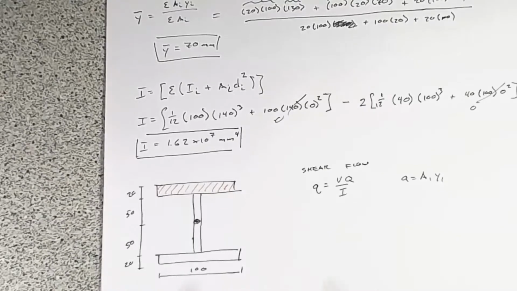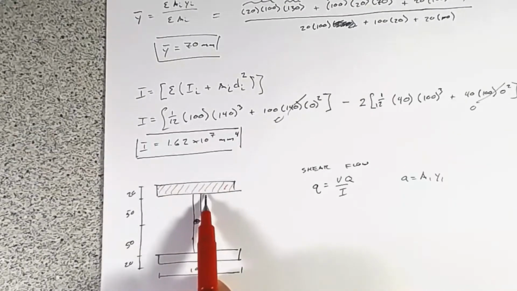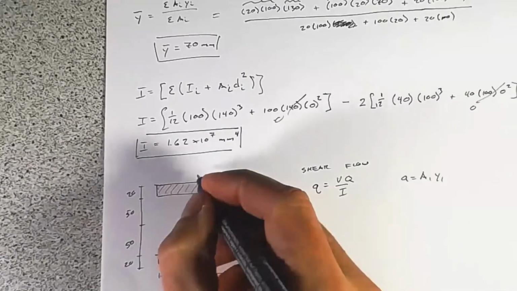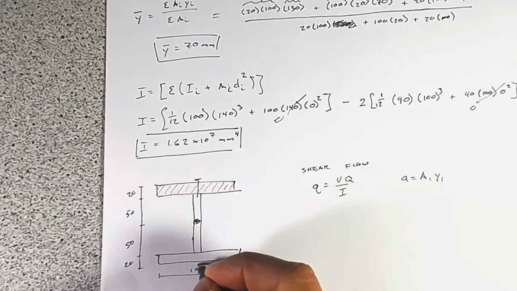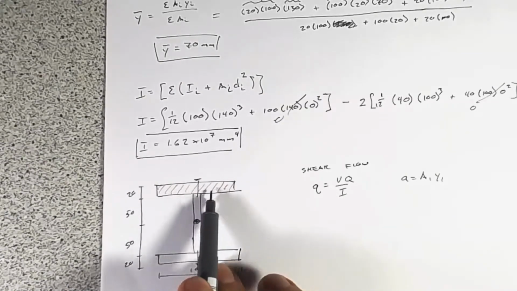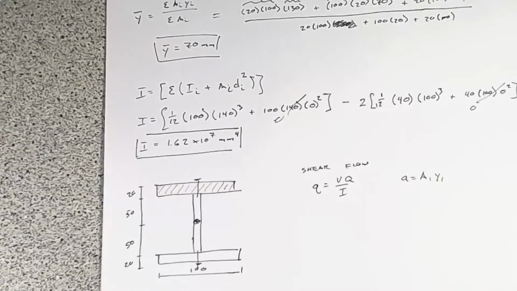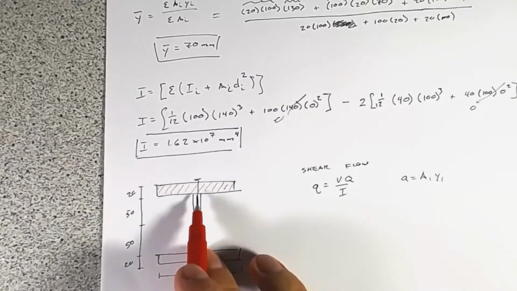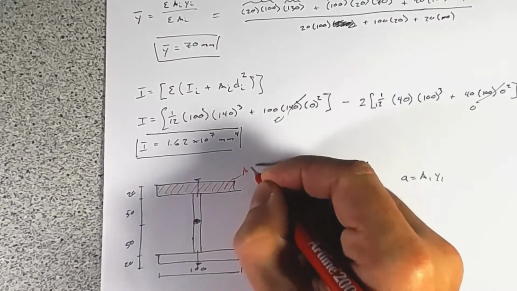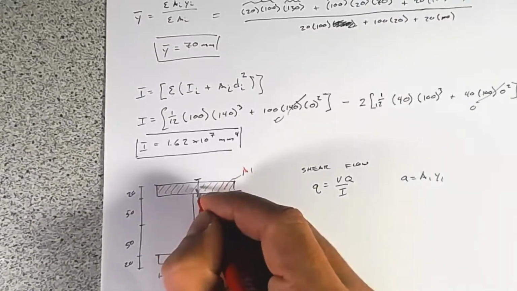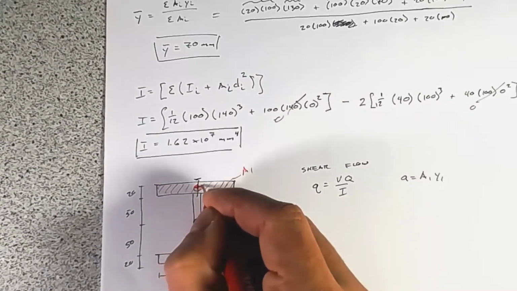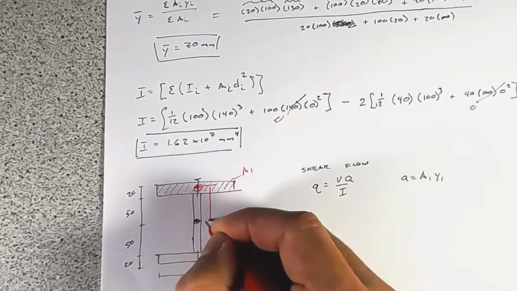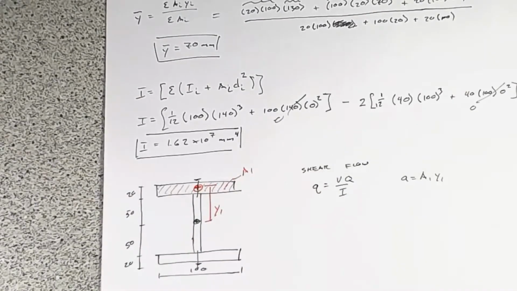So our section of interest is right where these nails are going in. So we can even draw the nails. So, you know, our flange is going to want to move relative to this web. So this is the location that we're interested in. This is A1 here. And Y1 is just the centroid of A1, and it's that distance to the neutral axis.